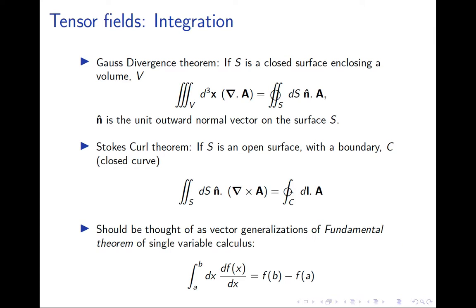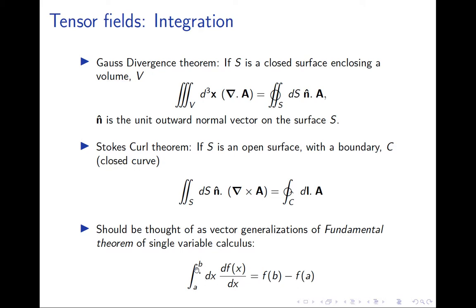As I said, these should be thought of as vector generalizations of the fundamental theorem of single variable calculus. So what is the fundamental theorem? We have the derivative of some function integrated over some range, between a and b. The answer is the value of the function at the endpoints, at the boundary.